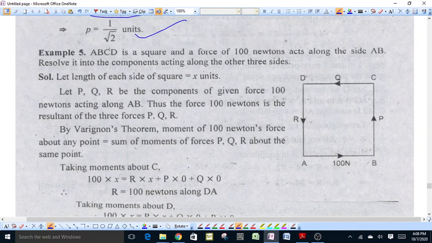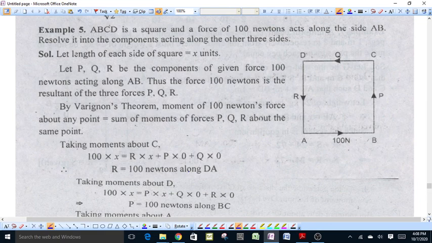Now see this example. Suppose ABCD is a square and a force of 100 newtons acts along the side AB. We have to resolve it into components acting along the other three sides.